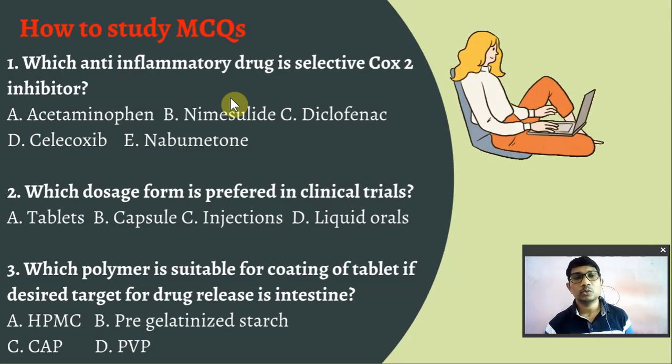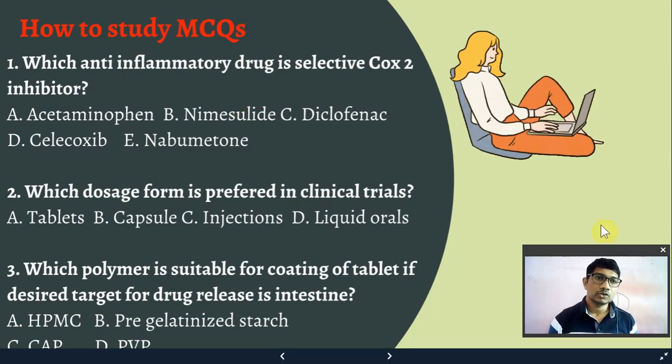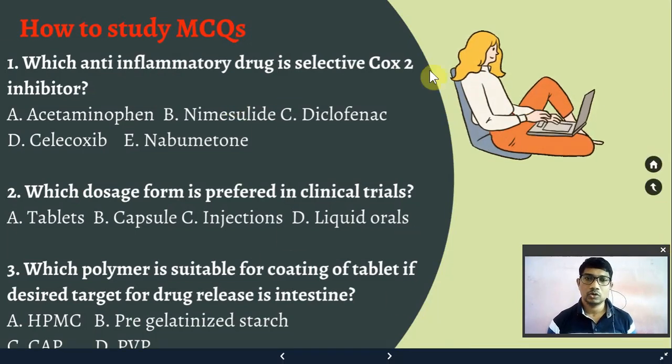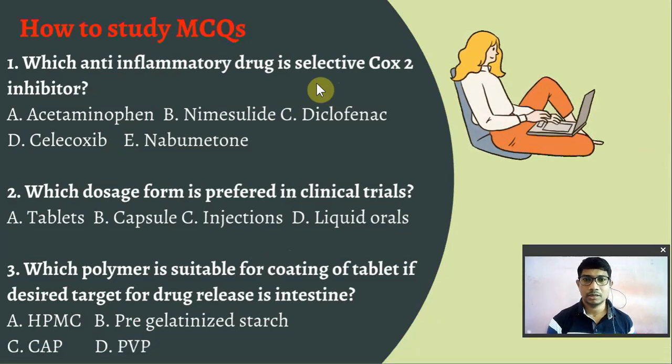So what you have to do? Suppose in front of you there is one MCQ: which anti-inflammatory drug is a selective COX-2 inhibitor? A few students might know the answer to this question, but you should not stop here. You have to recall each and everything about all the options.